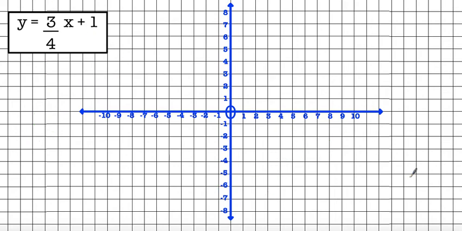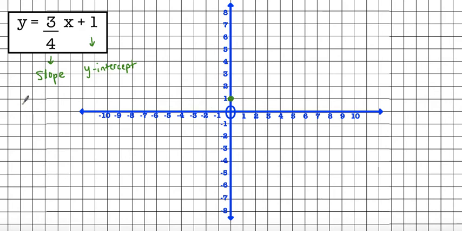And finally, here I have y equals 3 over 4x plus 1. Remember that the 3/4 is our slope. Our 1 is our y-intercept. So here, our line intercepts our y-axis at positive 1.